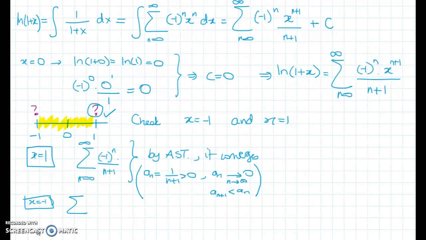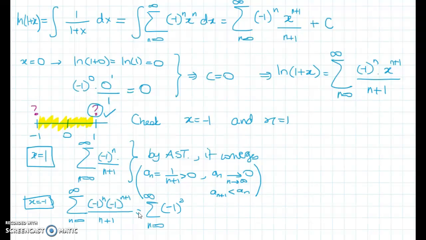In this case, in the sum, we are going to have -1 to the power of n, and then again -1 to the power of n plus 1, and all of this divided by n plus 1. So let's see what's going on with the signs. We are having -1 to the power of 2n plus 1 over n plus 1, sum from 0 to infinity. -1 to the power of 2n is just 1, so we can write that negative outside, and we have 1 over n plus 1.